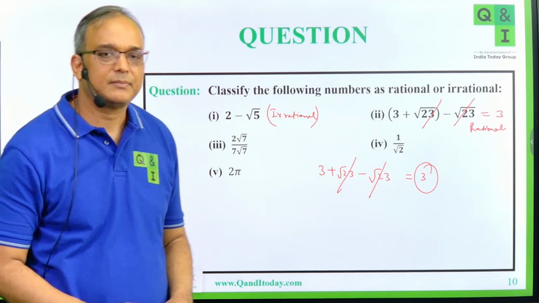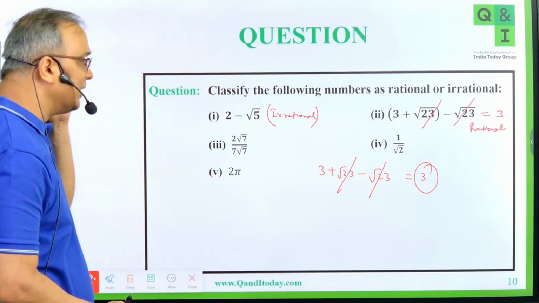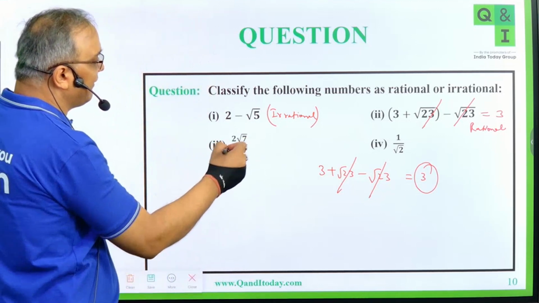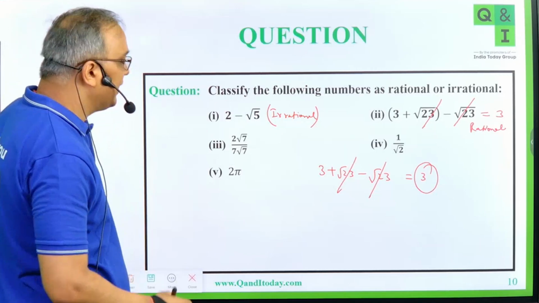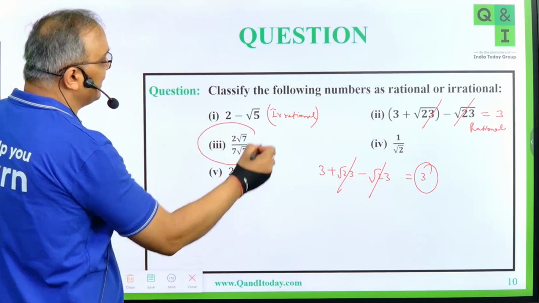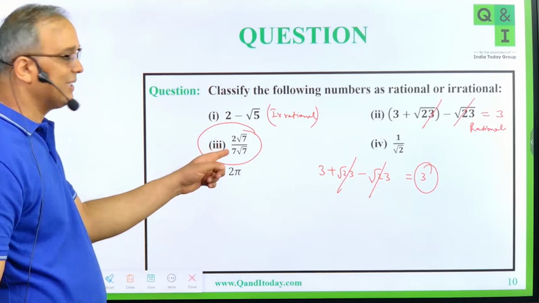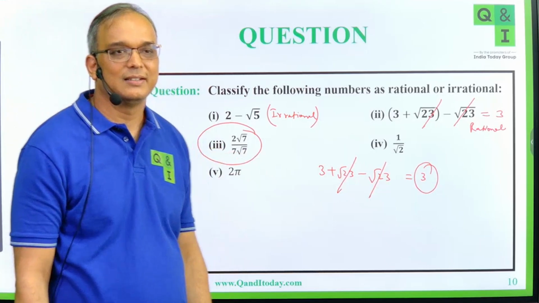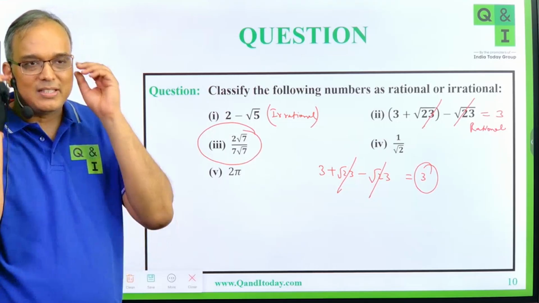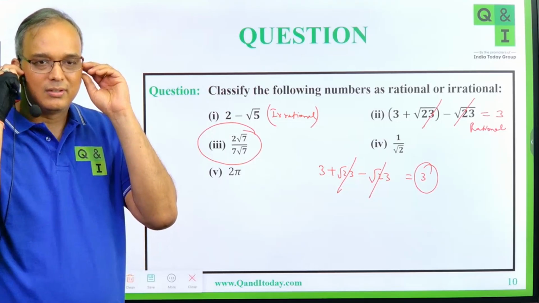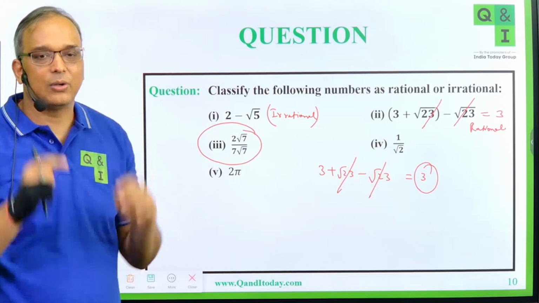Okay, great. Now the third one, students, 2 root 7 divided by 7 root 7. Again, can you tell me whether it is rational or irrational? You have to take care whether something is getting cancelled out.